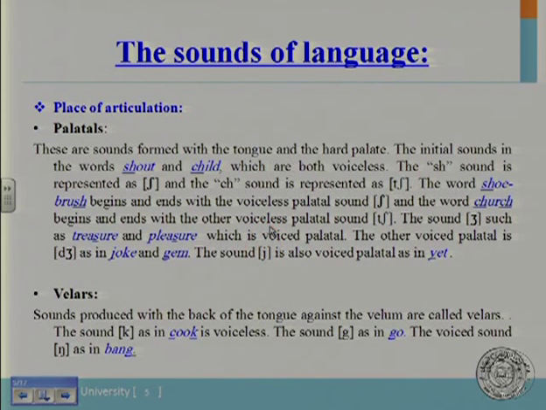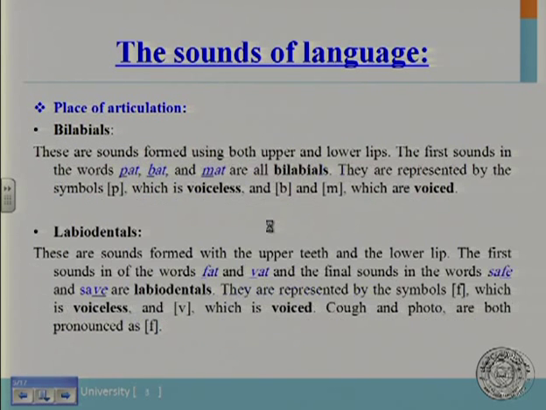And then we have velars. Velars are sounds produced with the back of the tongue. The back of the tongue, again, is the velum. These sounds are called velars. Let us check the diagram here.